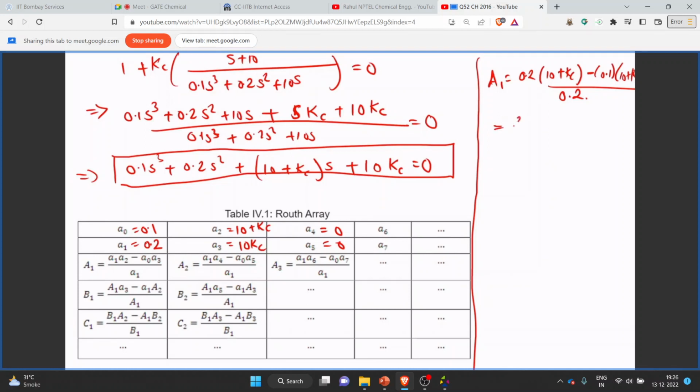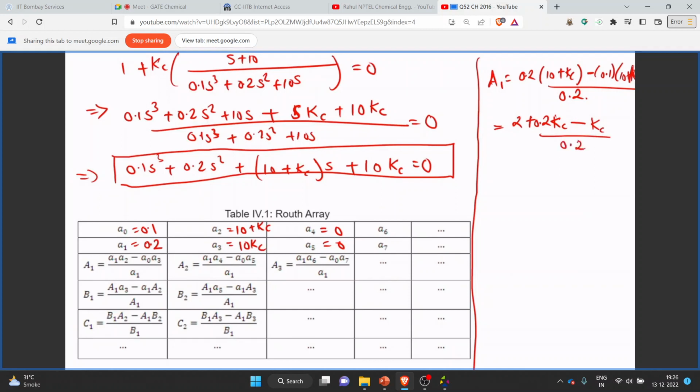That is 2 plus 0.2 Kc minus, over here we are having 10 Kc, so this will become minus Kc.